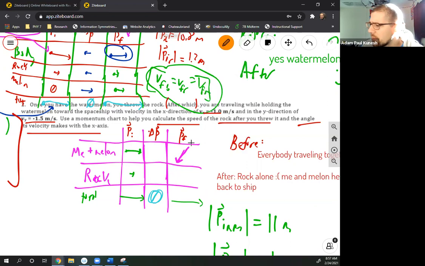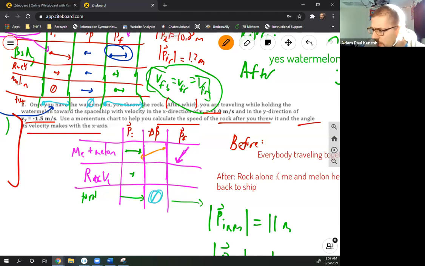The change in momentum of the rock has to be equal and opposite to the change in momentum of the me plus melon in order for the total momentum change to be 0. So I can directly calculate the change in momentum of the me plus melon system because I've got the final, I've got the initial. So the change total for this is going to look something like this. It's going to be a long vector, points mostly to the left and some down.